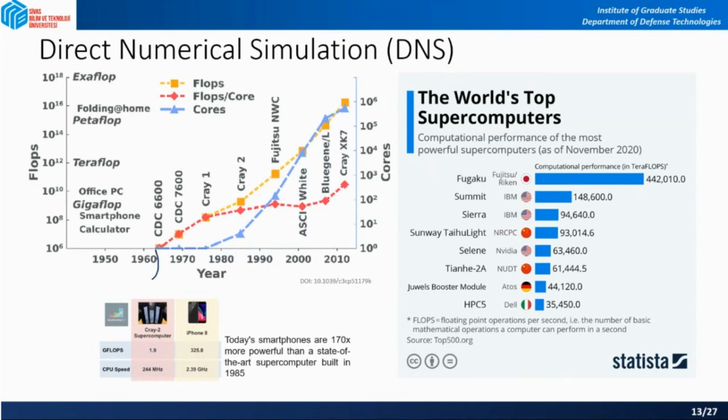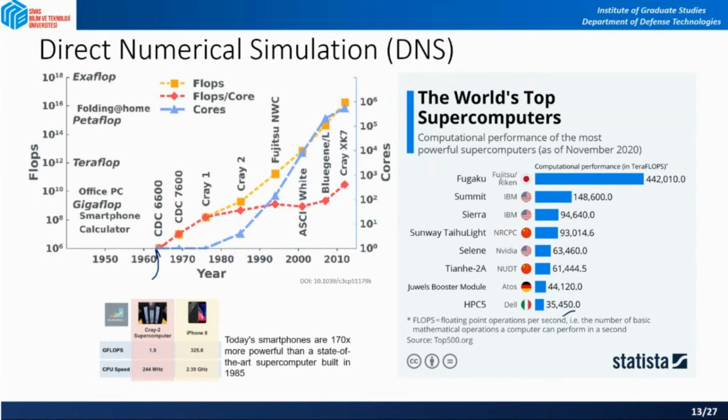What you have in here is a CDC 6600, and back in 1965 its cores were doing only 10 to the 6 flops. If I'm not wrong, that is floating operations per second. Flop means floating point operations per second.